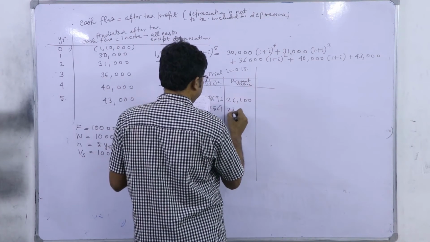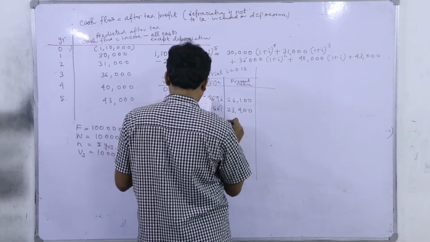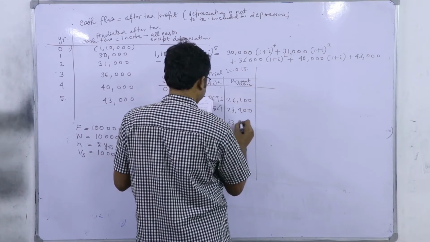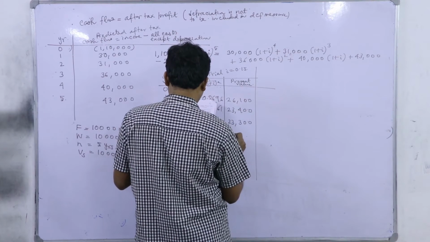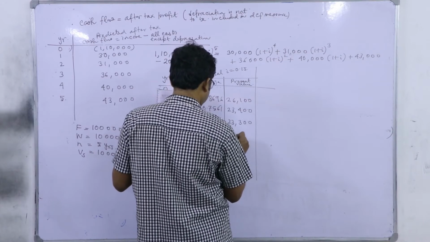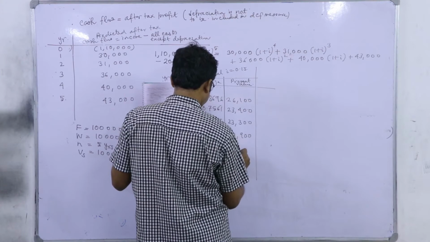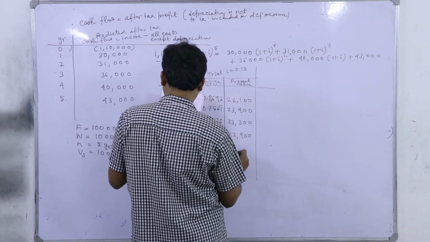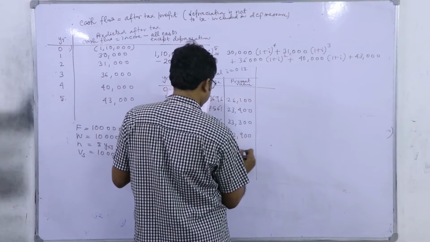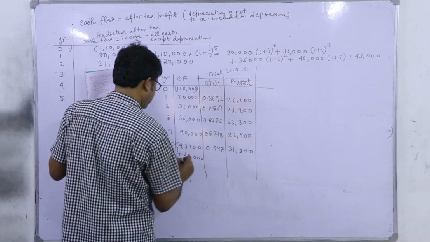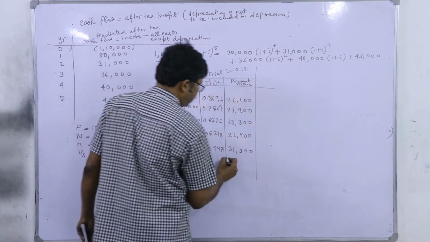Next it is 23,400. Next it is 23,300. Next it is 22,900 and 31,300 of this total. Right.